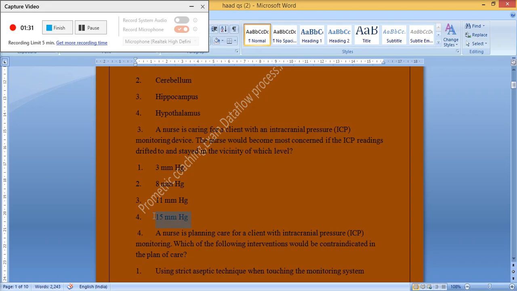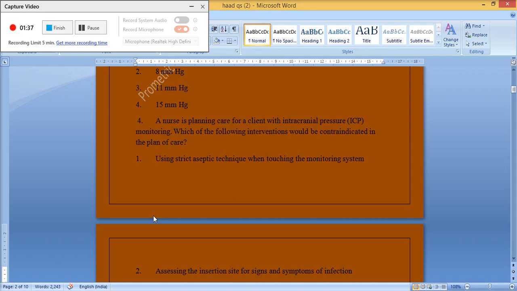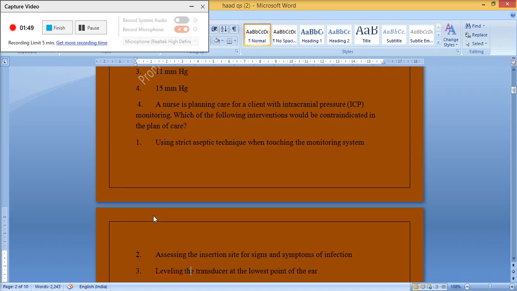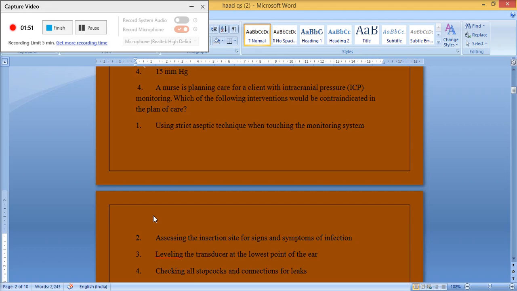15 mm Hg. 4. A nurse is planning care for a client with intracranial pressure monitoring. Which of the following interventions would be contraindicated in the plan of care? 1. Using strict aseptic technique when touching the monitoring system. 2.